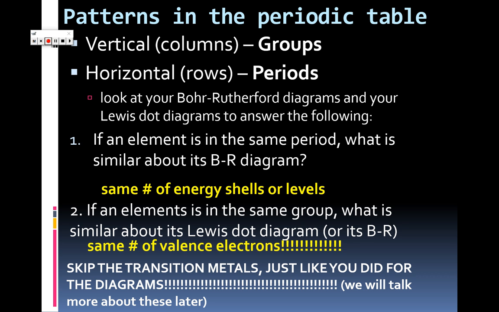I really hope that your grade 9 or 10 teacher focused on the first 20 and didn't go past that, because even the idea that the electrons travel in orbits really starts to fall apart and cannot explain the properties of transition metals. So we're going to look at those later, okay?